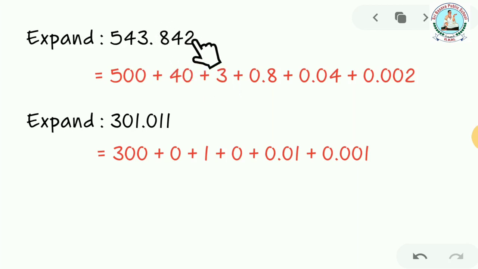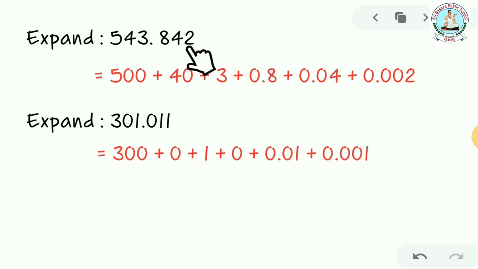Next we begin with the decimal part. The place value of this 8 is 0.8 because it is in the tenths place, which means it is 8 upon 10. When you simplify 8 upon 10 it will be 0.8, and the place value of 4 is 0.04 because 4 is present in the hundredths place, and when you write 4 upon 100 it can be simplified as 0.04.